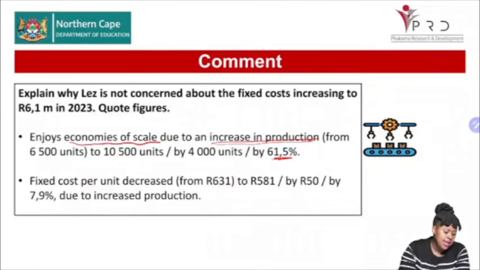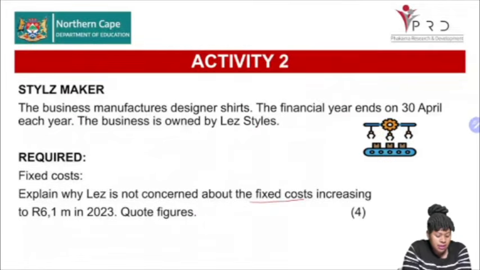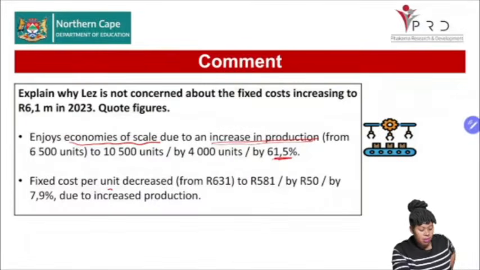Okay, so then the next aspect is the fixed cost per unit. Now let's quickly look at our fixed cost per unit. Our fixed cost per unit is 581. Okay, and then it was previously 631. Do you see that our fixed cost per unit has now decreased, right? Because of the fact that we are producing more.